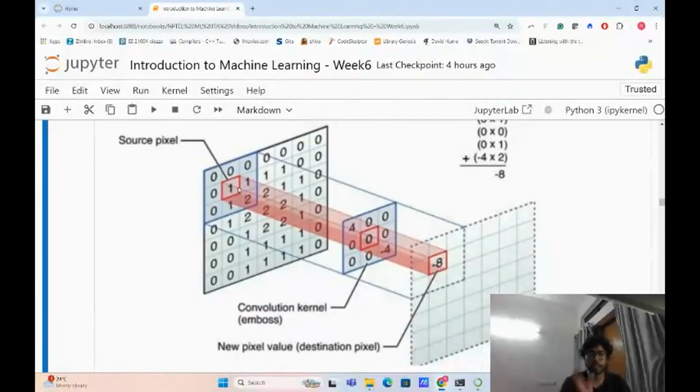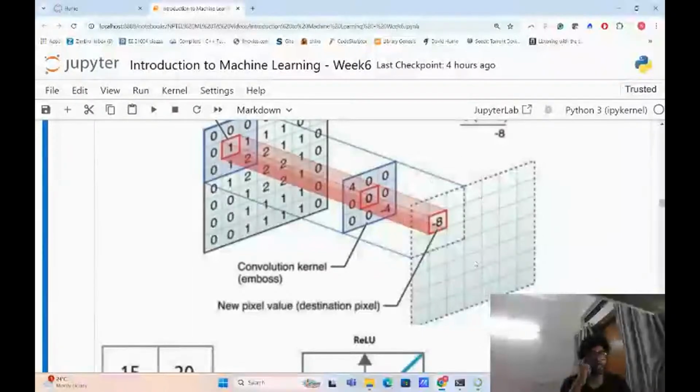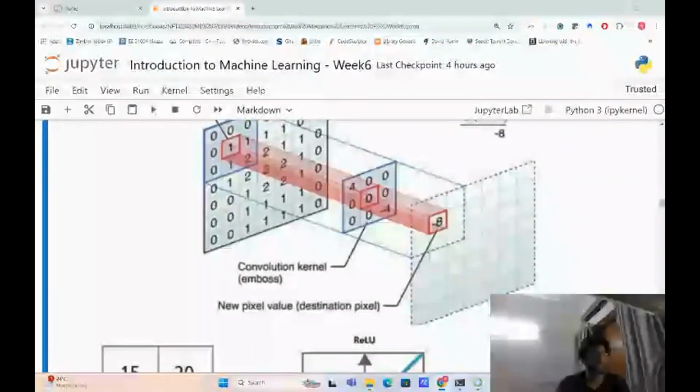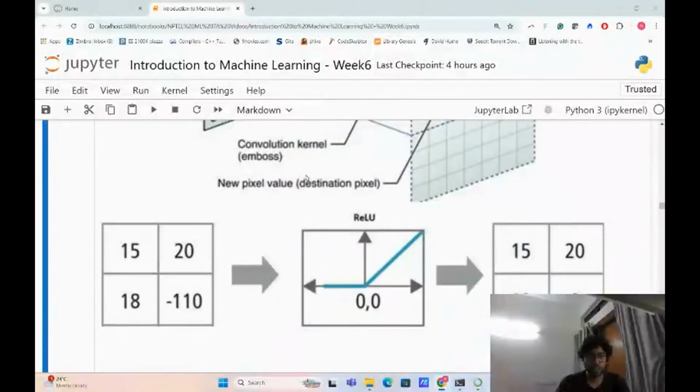Then you shift this filter one step at a time, and you calculate the convolution value, and you make a new matrix. You obtain a new image with a reduced dimension. Okay, this is the new pixel value. So this is the first step that we saw in our slide.